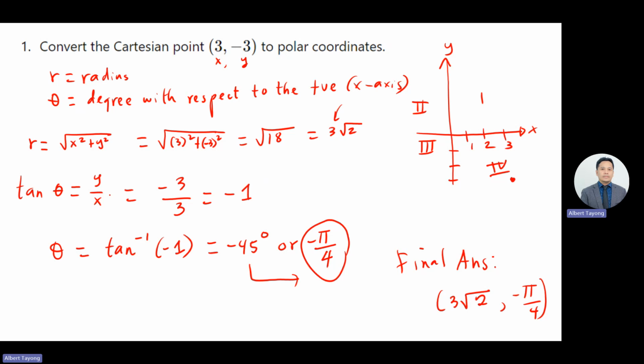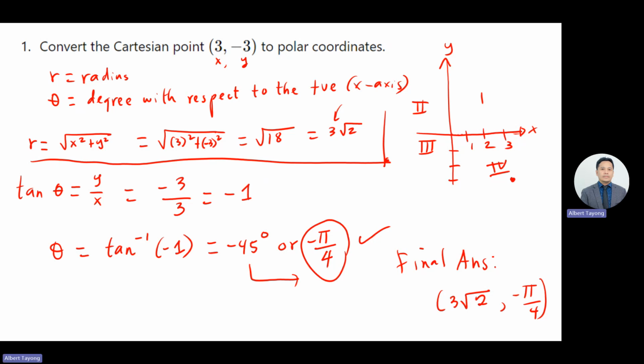It's very simple. We use the distance formula to get the r or the radius. Okay, and we use tan theta to get our degree with respect to the positive x-axis, this line. Okay, from 0 to positive infinity.